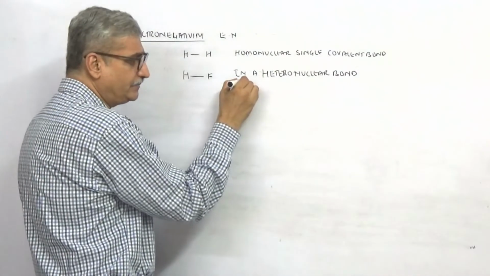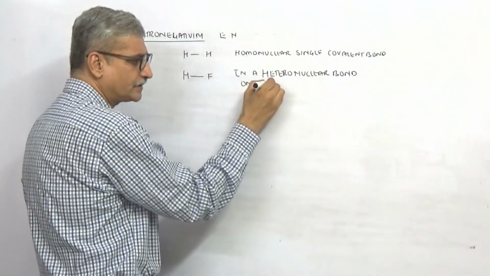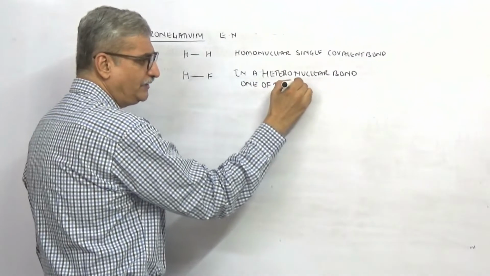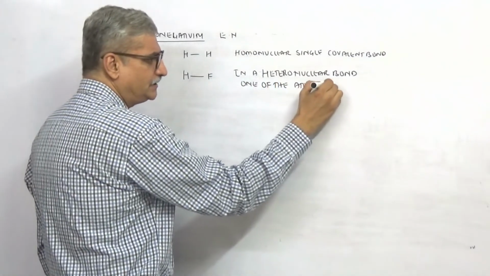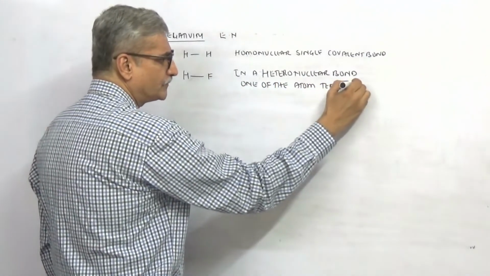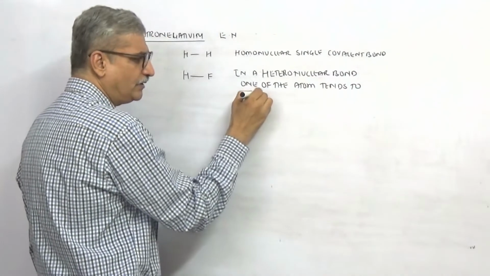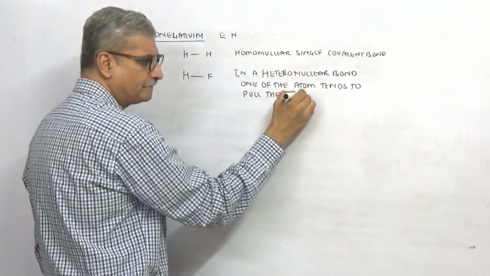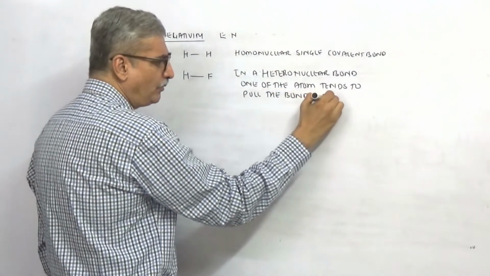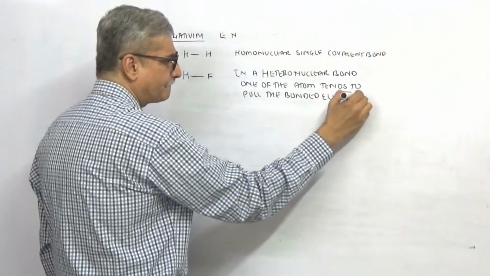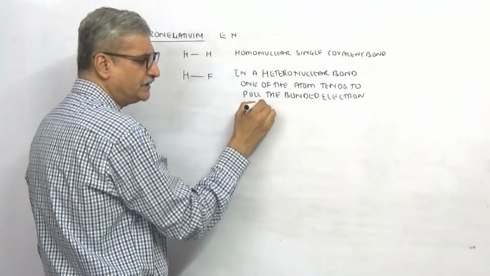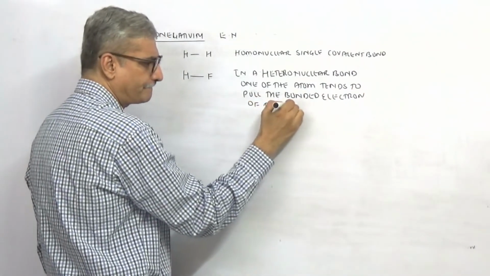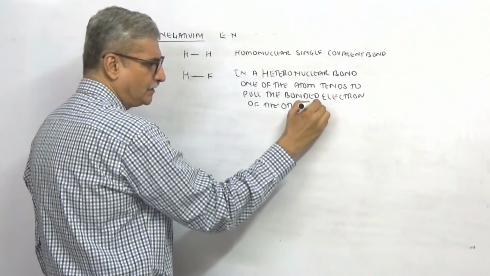One of the atoms tends to pull the bonded electron of the other towards itself.